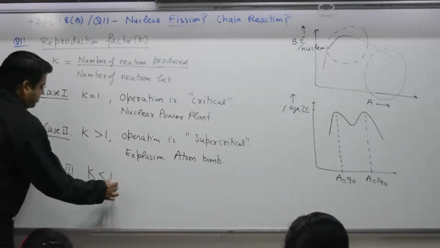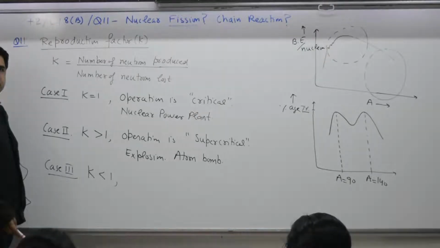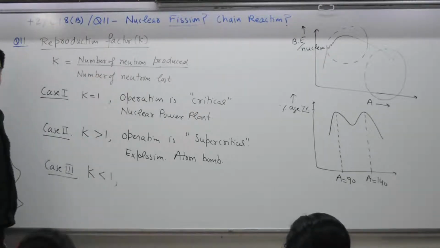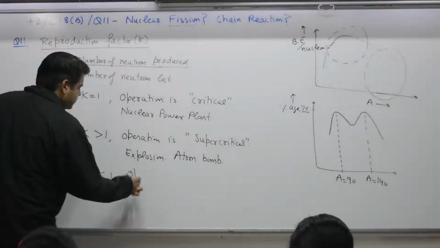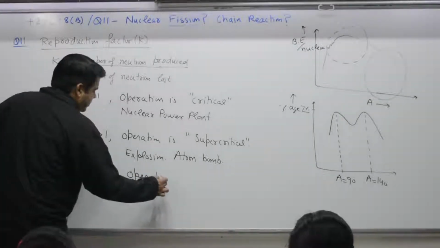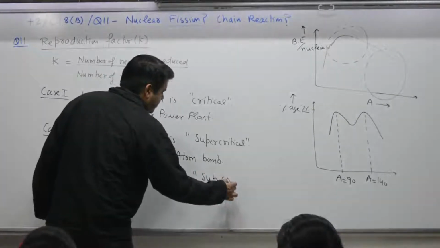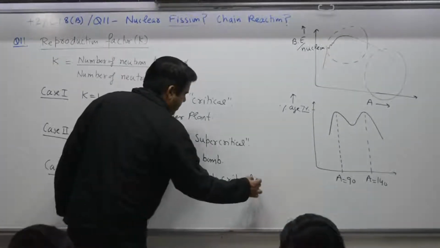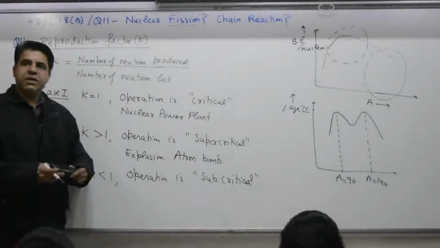K less than 1 means what? Number of neutrons produced is less, loss is more. Is what? Yes, operation is, yes, subcritical. And working of the plant will stop.